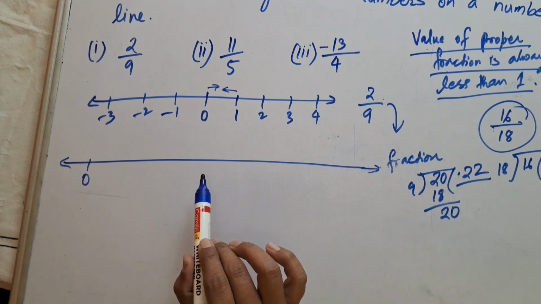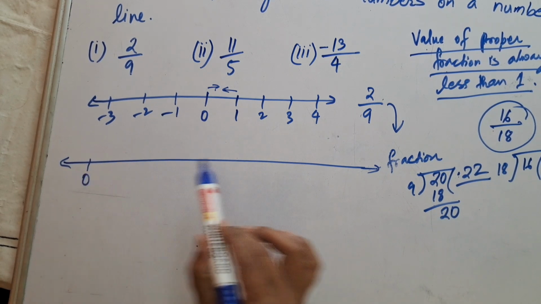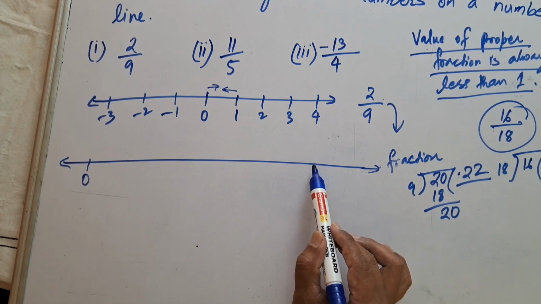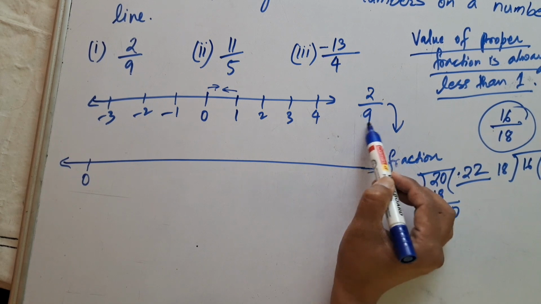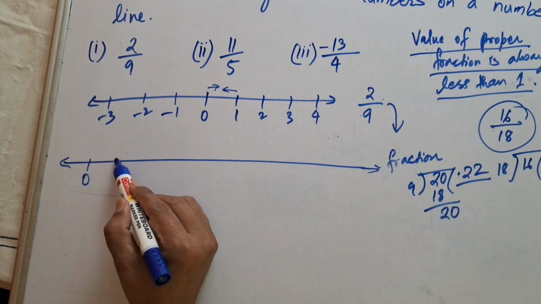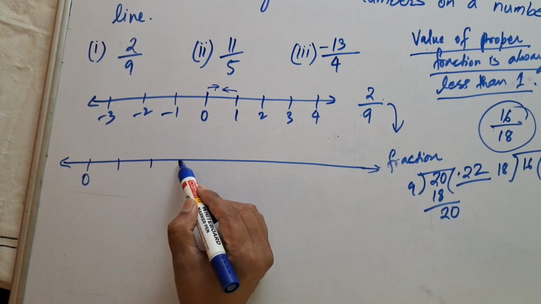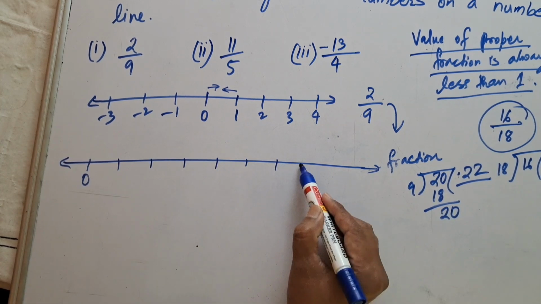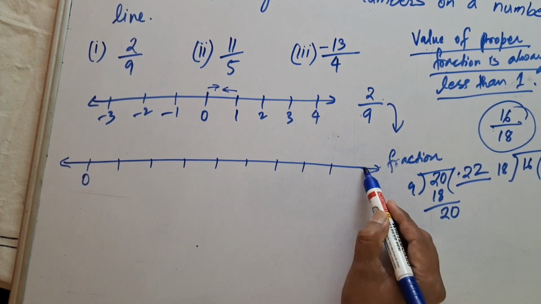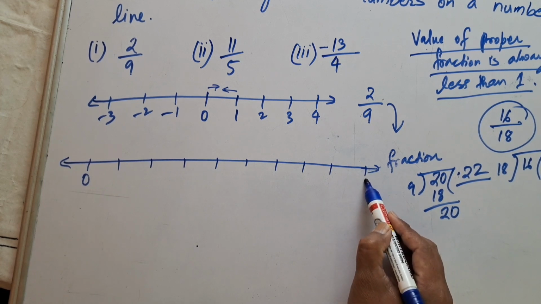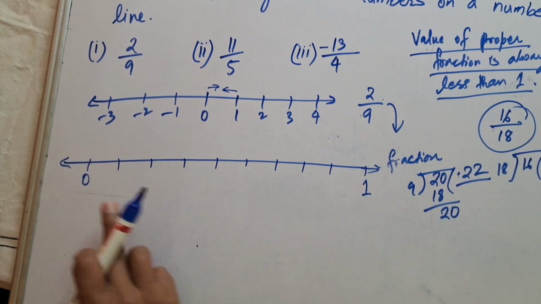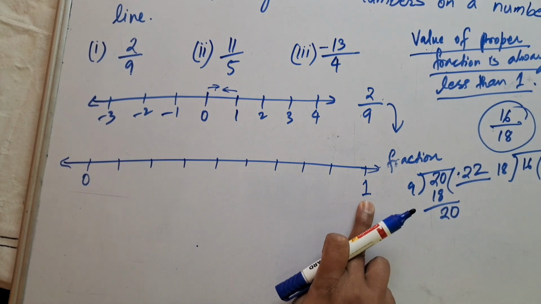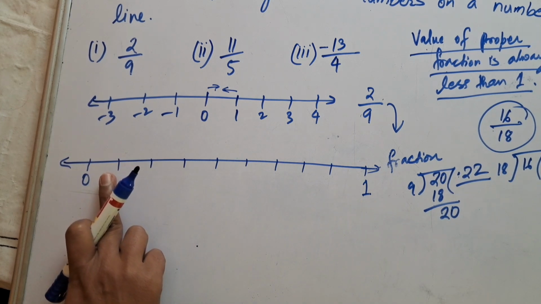So what we do is we must divide 0 and 1 into 9 equal parts. Okay, 1, 2, 3, 4, 5, 6, 7, 8, and 9. The distance between 0 and 1 is divided into 9 equal parts.